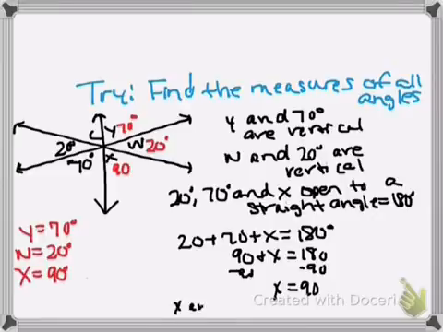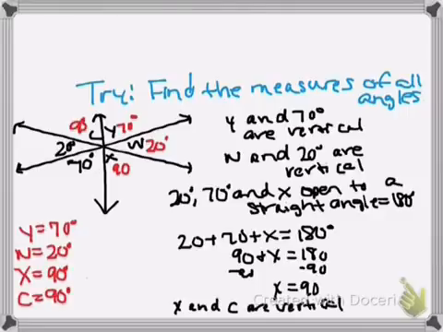X is 90 degrees. Now do you see that X and C are vertical from each other? Since they are vertical, they are also going to be congruent. And now I know all the measures of that diagram, all the angle measures. What started was that I had a couple of pair of vertical angles, so I was able to find the measure of W and the measure of Y because we had vertical angles.